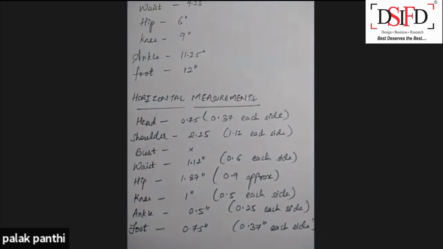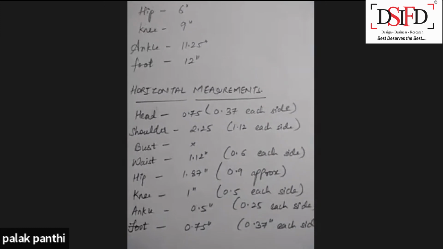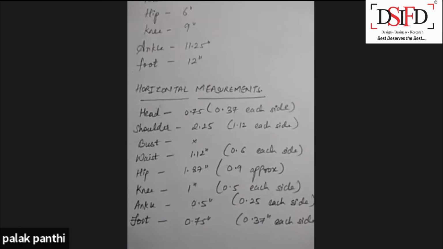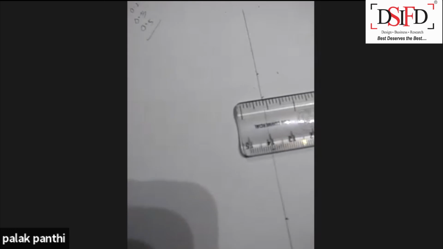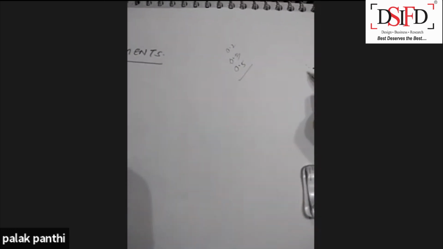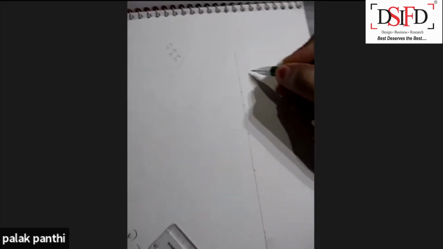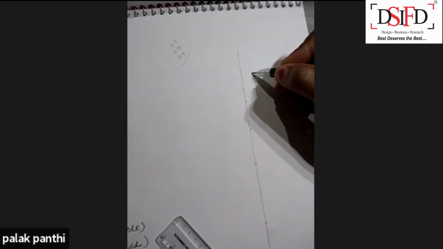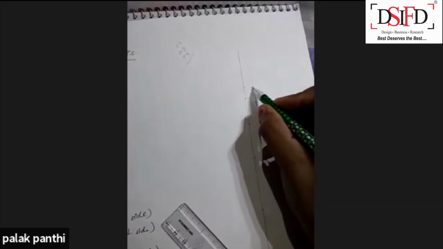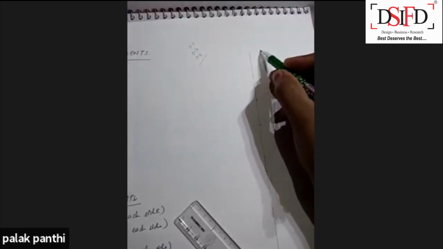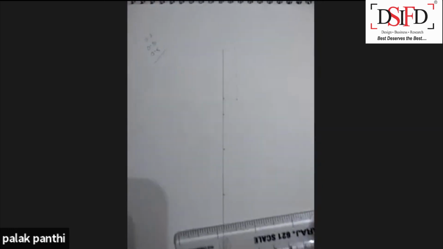Now shoulder is 2.25 inch broad, so 1.12 on each side of the line. This is our shoulder point. After head, like this is our head. I'm just drawing it without scale, but you draw it with scale. I'm doing it so that you understand what we are doing. Okay, that's our head.